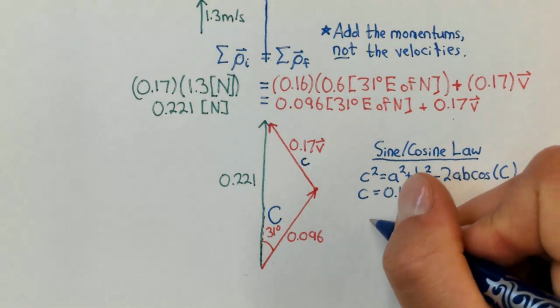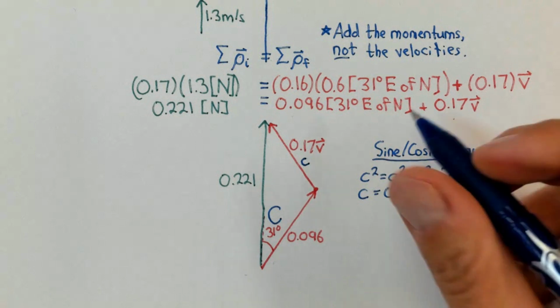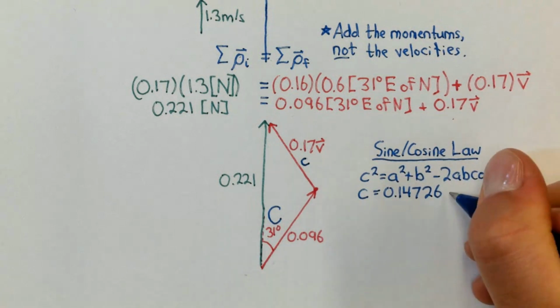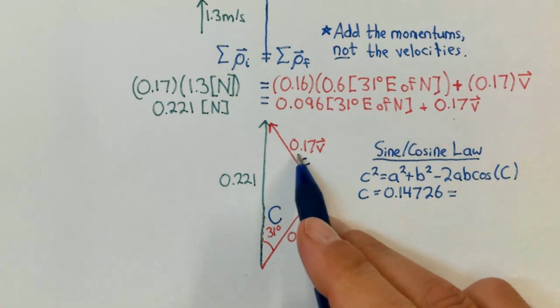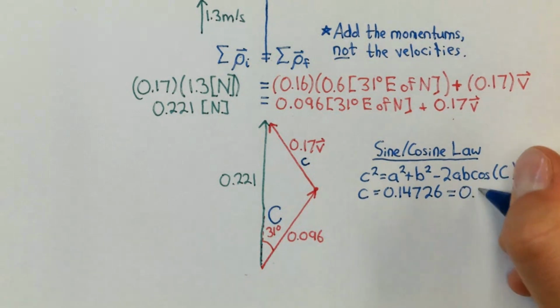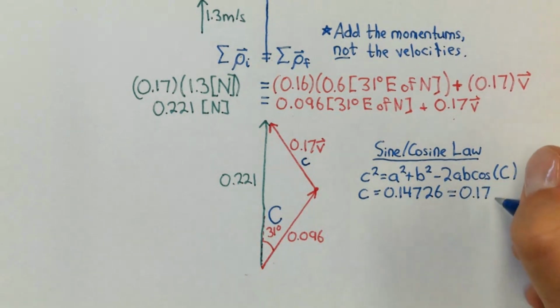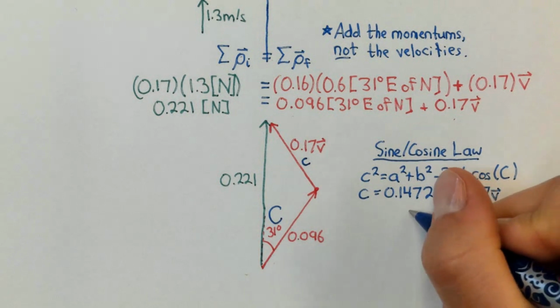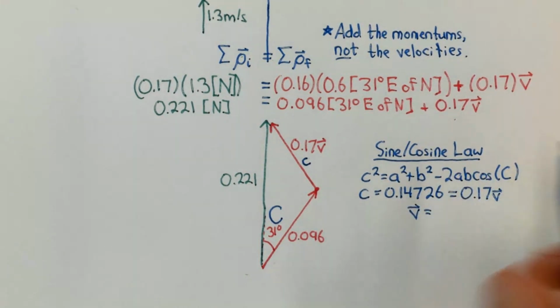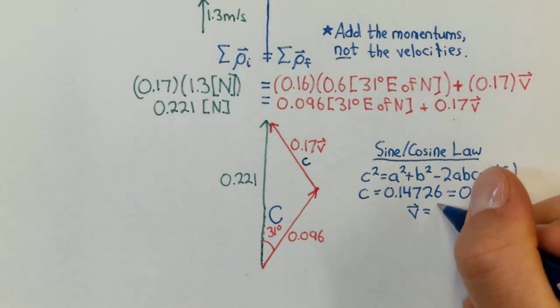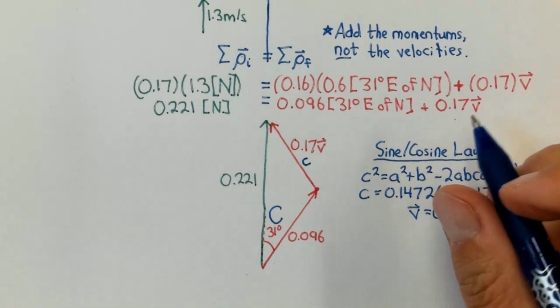So that means that C is 0.17v. So then that means v is that divided by 0.17, 0.86624.